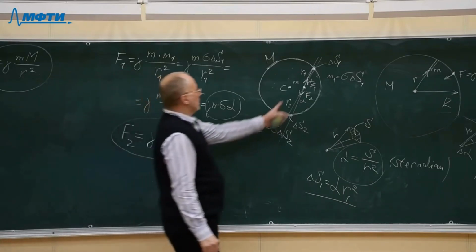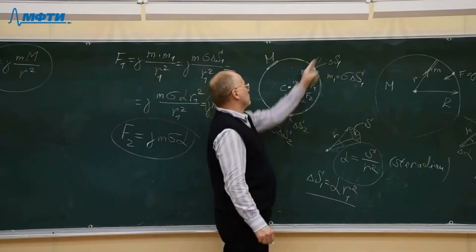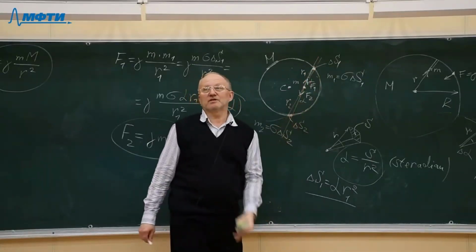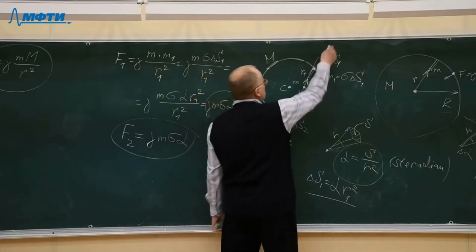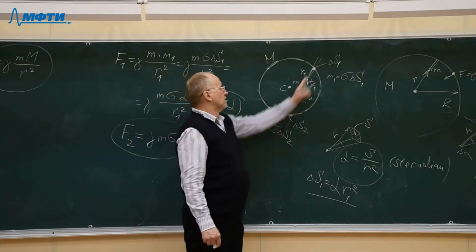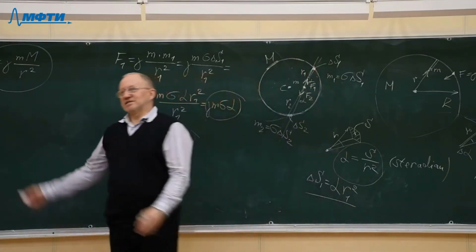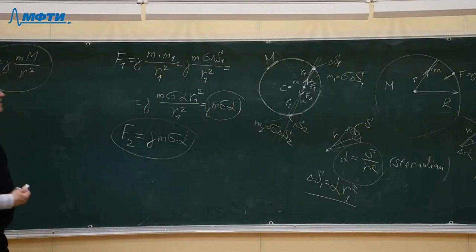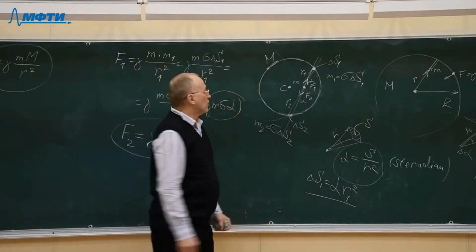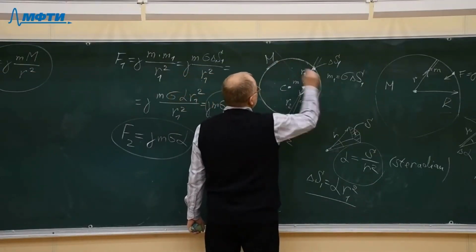We have forces of gravitational attraction upward and downward along the arbitrary direction, and these forces turn out to be equal to each other. So in this direction, the net force is equal to 0. If we choose any other direction, we obtain the same result. Again, all the forces in other directions will be 0. Therefore, the net force acting on this mass inside the hollow sphere is 0.